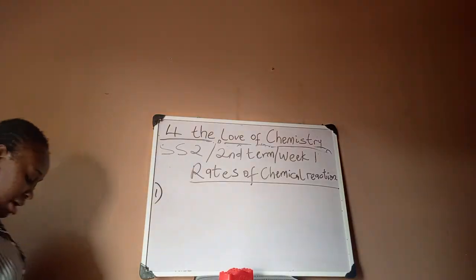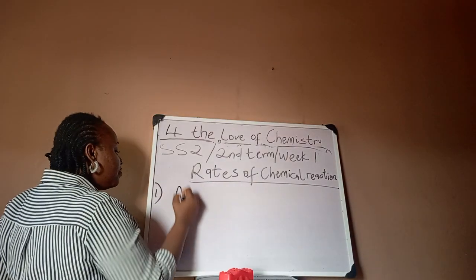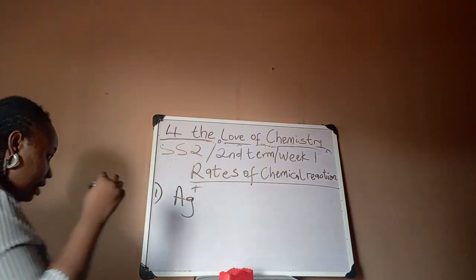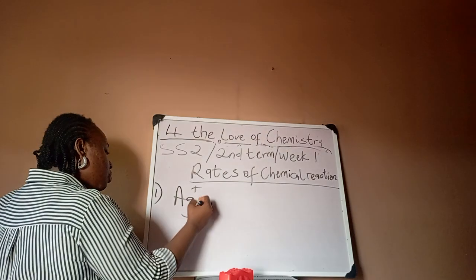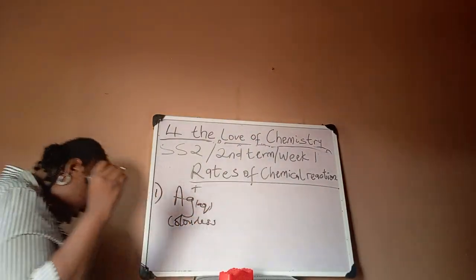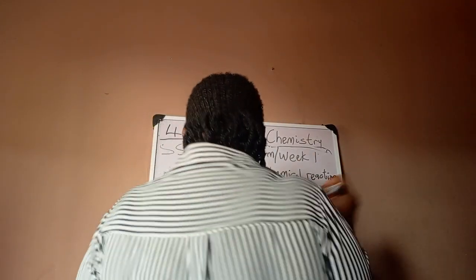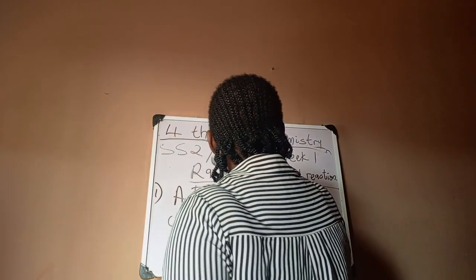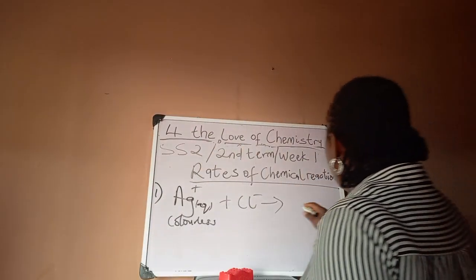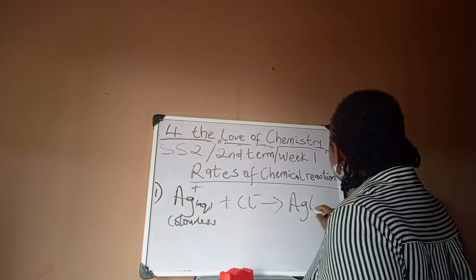For instance, when a salt of silver in aqueous solution, which is colorless, reacts with chloride ion, it gives you a precipitate of silver chloride.